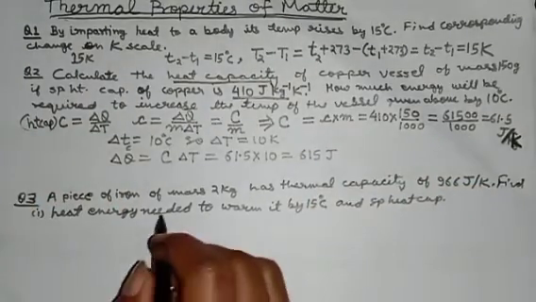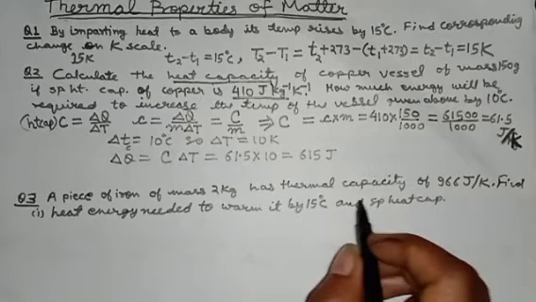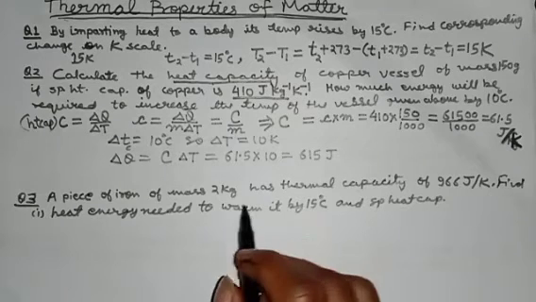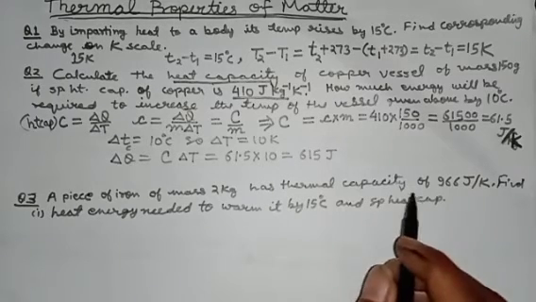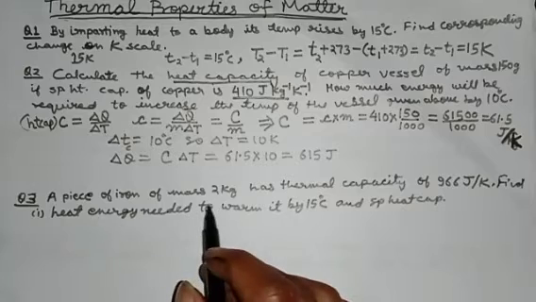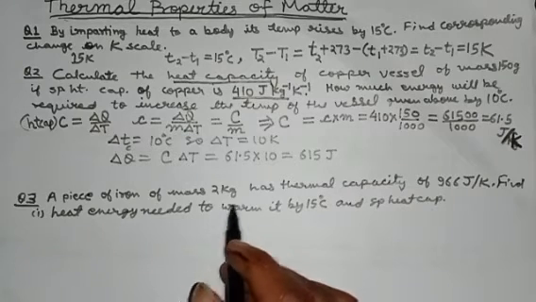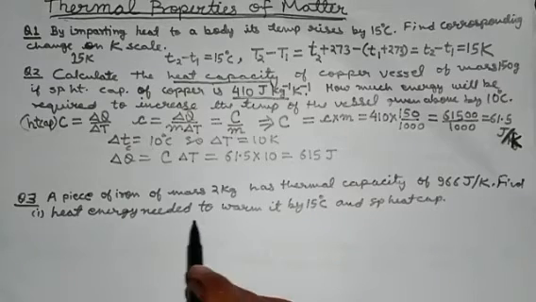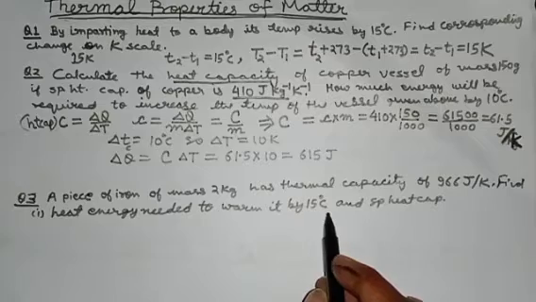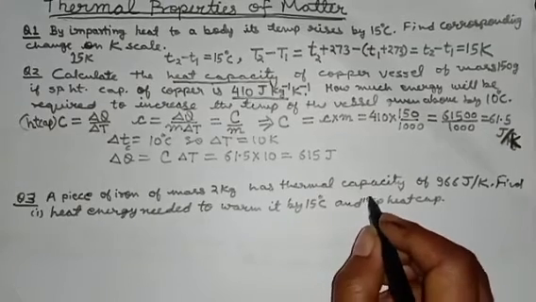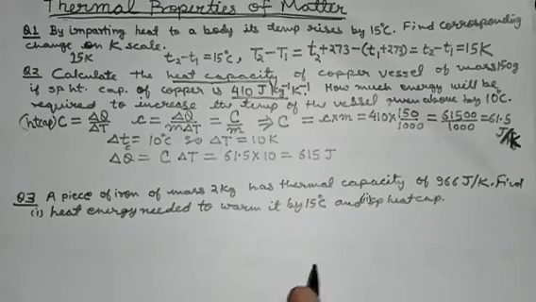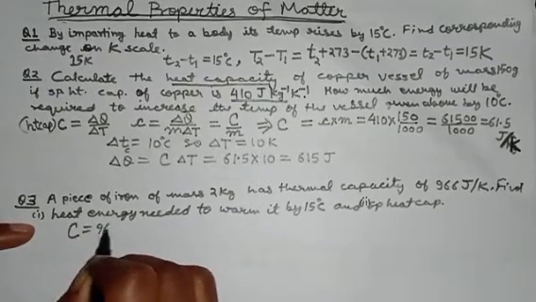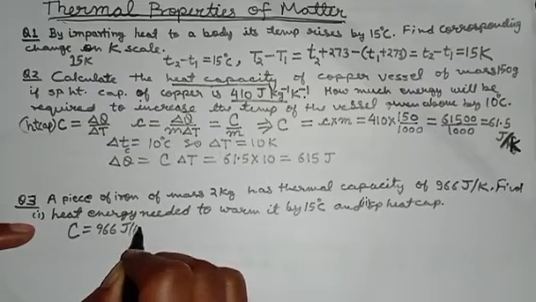Next, a piece of iron of mass 2 kg has thermal capacity, meaning heat capacity, 966 joule per Kelvin. It is not the thermal capacity of iron, it is the thermal capacity of that piece of mass 2 kg. It will vary from body to body. Find the heat energy needed to warm it by 15 degrees Celsius, and second, the specific heat capacity. Heat capacity is given, 966 joule per Kelvin.